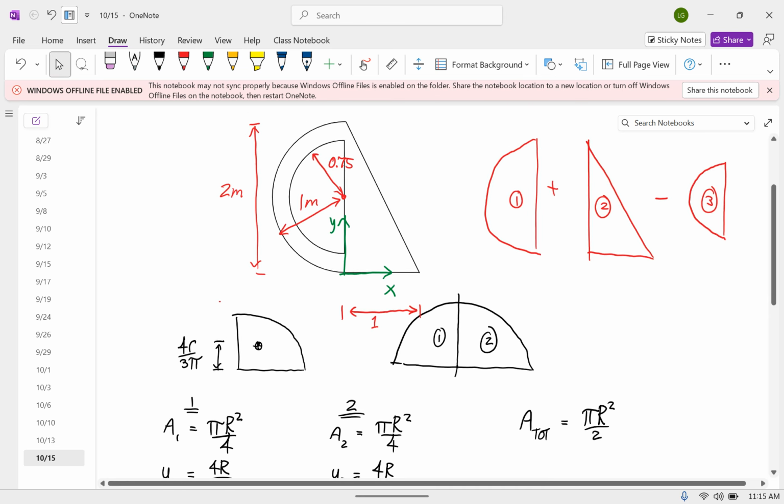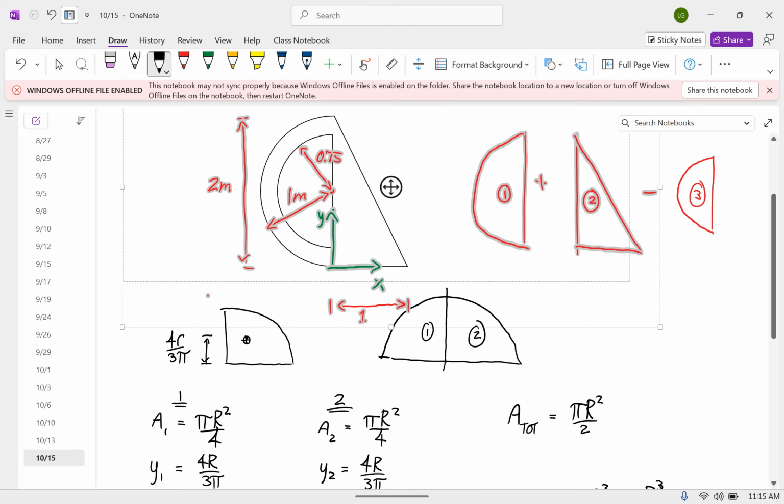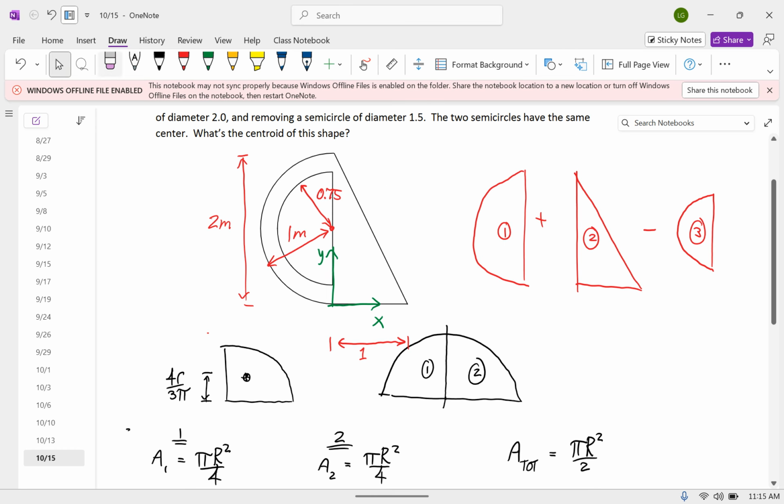Well, what we just figured out here is that the centroid of a semicircle is along its axis of symmetry, and from the base to the centroid is a distance of 4r over 3 pi. So for us, since the base is over here on the right, we're going 4r over 3 pi to the left from there.